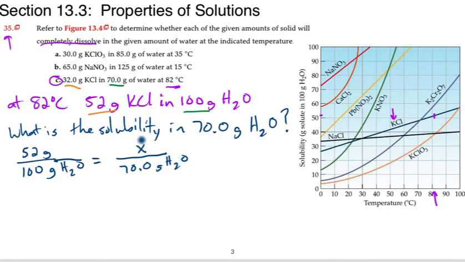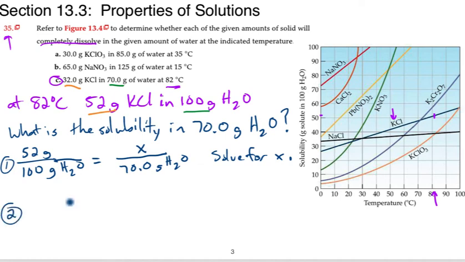And you can cross multiply and divide to solve for x. This is one way to do this calculation. If you're comfortable with doing it this way, do it this way. If you look back at my Charles's Law videos from chapter 11, you'll see me discuss this cross multiply and divide technique. So that's one way to do it.